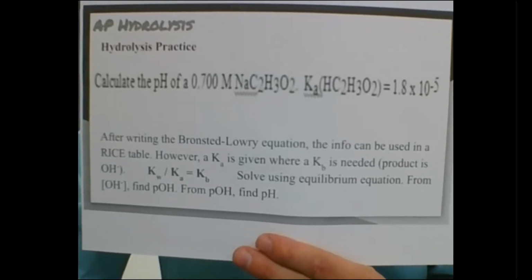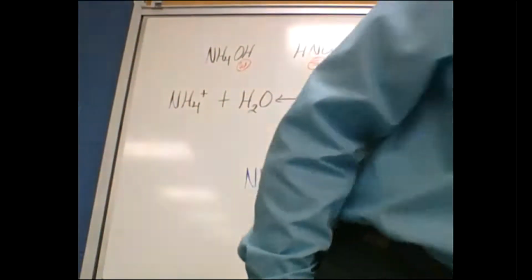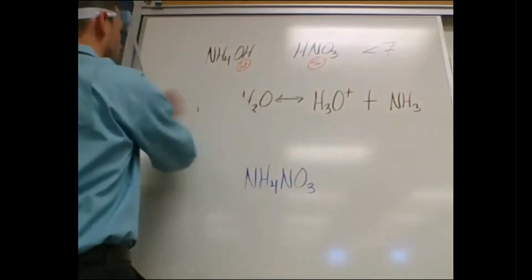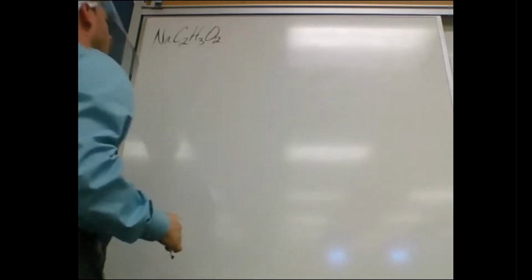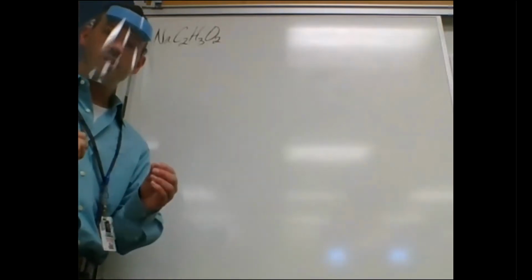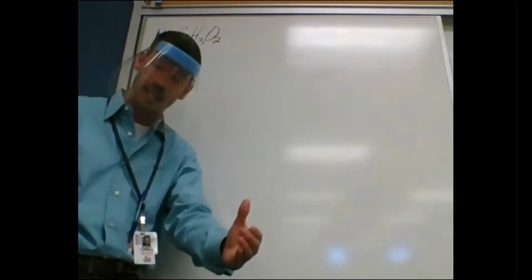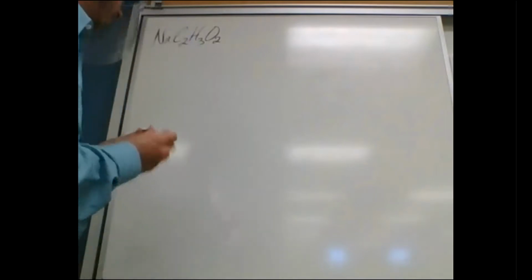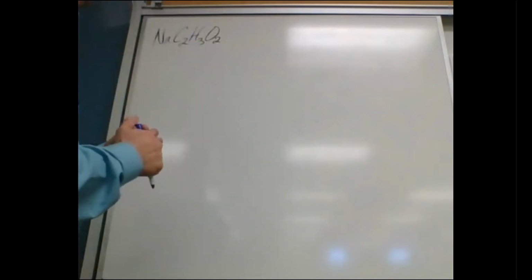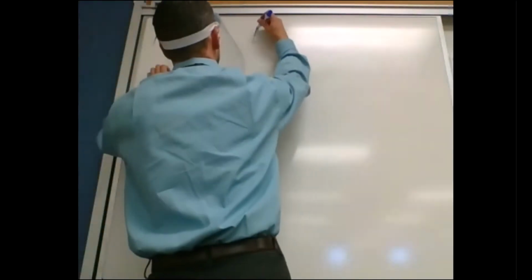This problem here is focused on sodium acetate. Sodium acetate looks like this. It is definitely a salt because that is a metal bonded with a polyatomic ion, so that was the important part of identifying it. Now I say, oh, salt requires hydrolysis. I need to look at mom and dad. Mom here was sodium hydroxide.